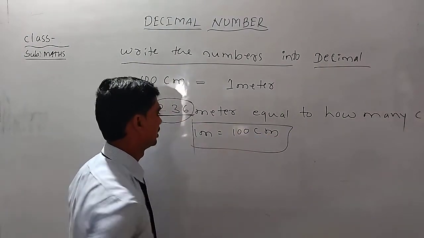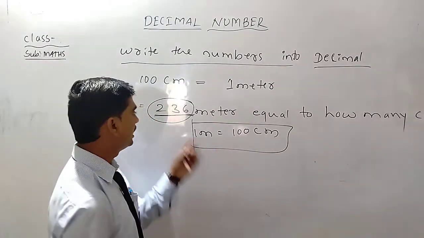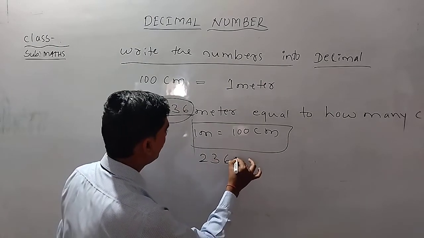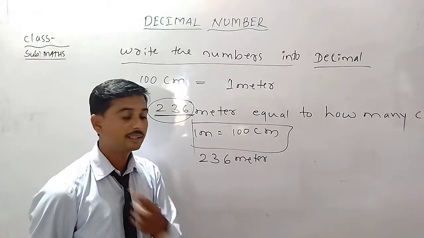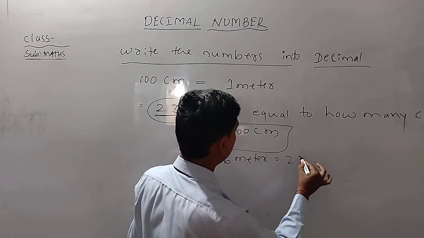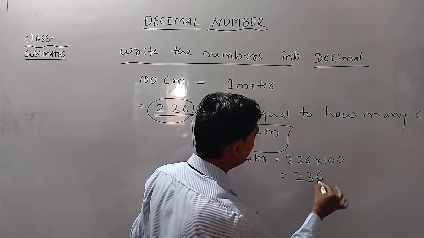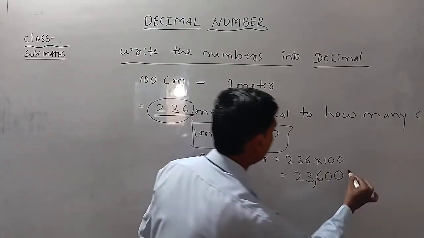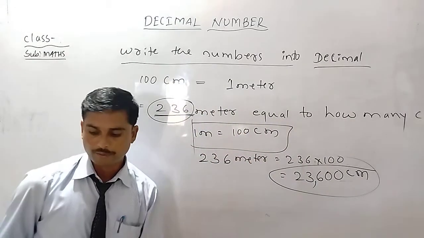This is the clear picture. 1 meter has 100 centimeter. Then 236 meter equal to how many centimeter? 236 into 100 is 23,600 centimeter.